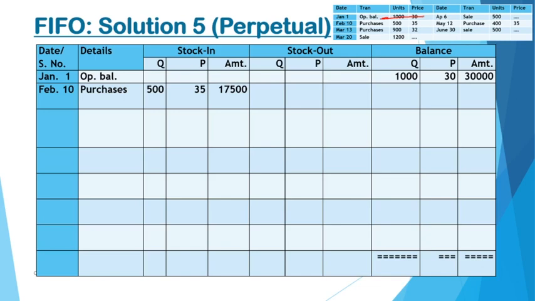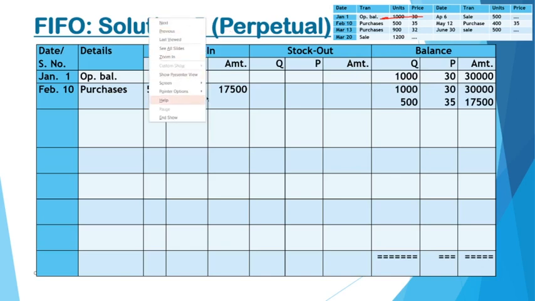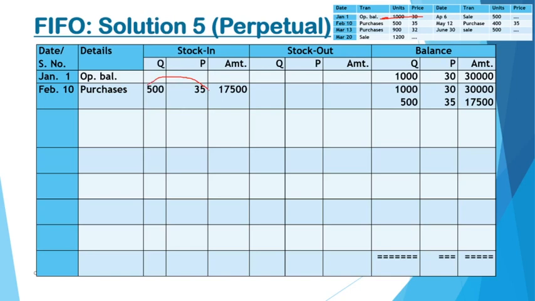So you need to record it as it is. We record the first lot, and then the next lot that we have acquired. This lot of 500 units will come after the first lot. When you apply the FIFO approach, you know that the first lot is of 1000 units, and then the second lot will be used.